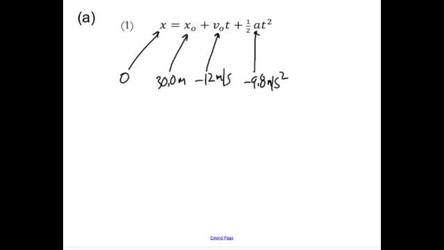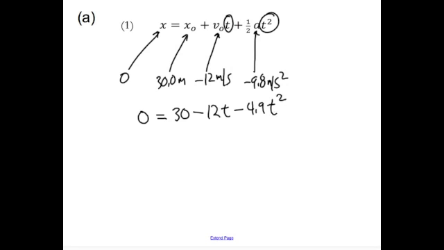And the thing we don't know is the time, and that's the only unknown in the equation. So we can write this down, and we have an equation that says 0 equals 30 minus 12t plus 1/2 at squared, which is minus 4.9 t squared.